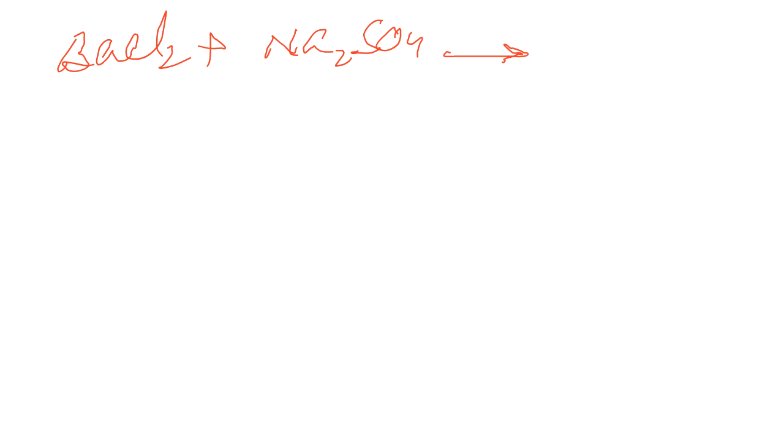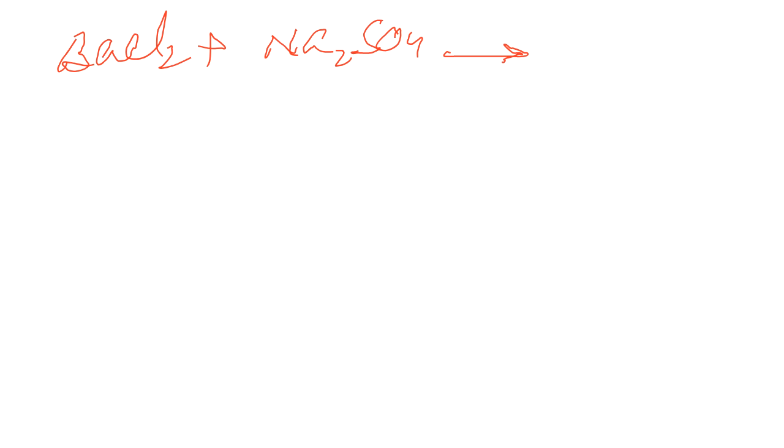For precipitation, suppose you will have barium chloride plus sodium sulfate. Suppose you have. So the question may be asked, okay, which compound is solid, which you will get? So which solid compound is possible?